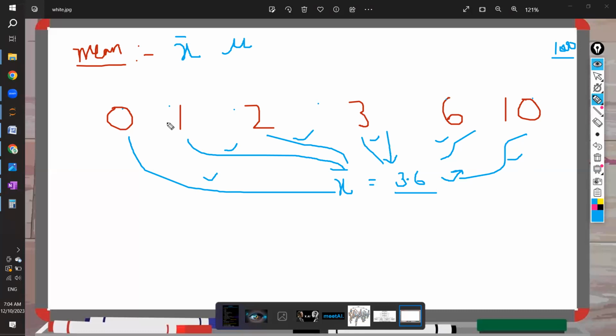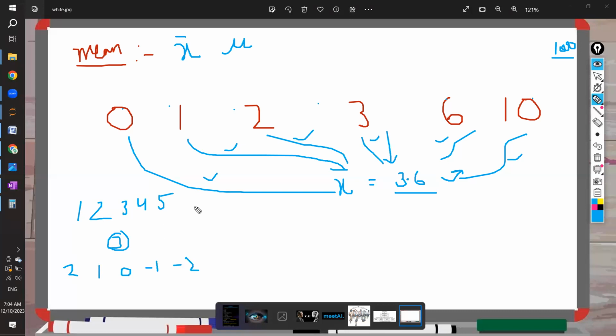See, for example, I'll take a simple example: 1, 2, 3, 4, 5. You'll have a mean of 3. If you calculate how much each number varies from this mean: 3 minus 1 is 2, 3 minus 2 is 1, 3 minus 3 is 0, 3 minus 4 is minus 1, 3 minus 5 is minus 2.